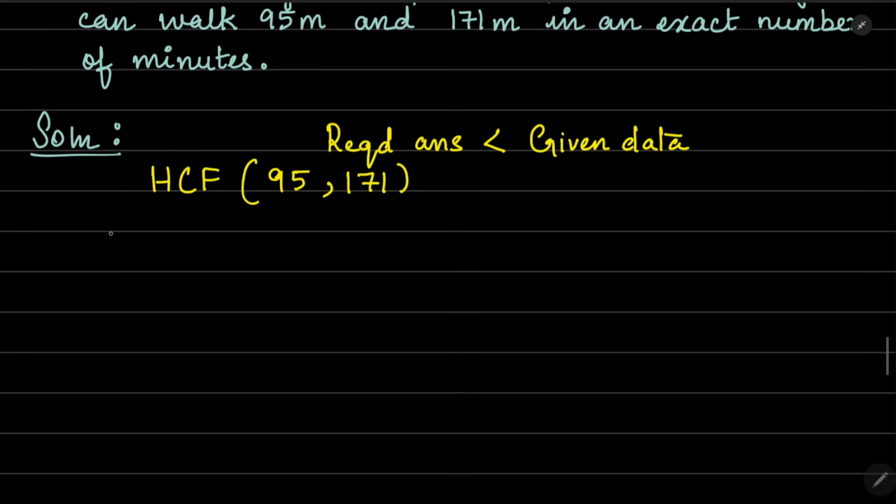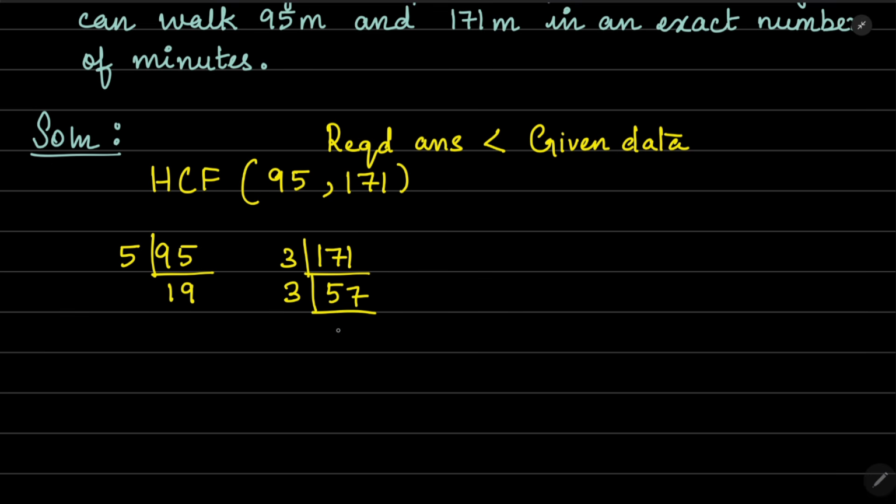So let's go ahead and do the prime factorization of 95. Start with 5. 5 ones are 5, 5 nines are 45. Okay, so 19 is a prime number. And then moving on to the next number, which is 171. Start with 3. 3 7s are 21.